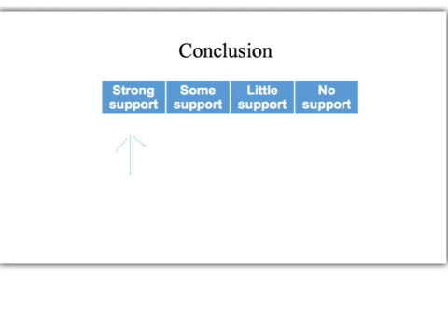You would also need to say why they strongly support each other. If you think that they do not support each other at all, you should use no support. As long as you have made a comment on the extent of support, which are these comments here, and why you think that, then that is fine for a conclusion.